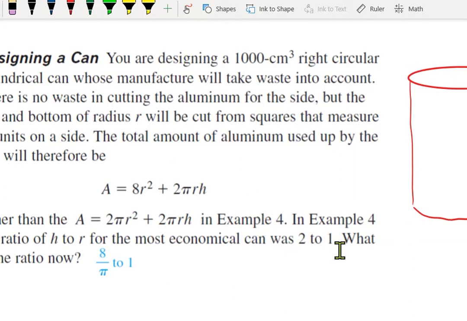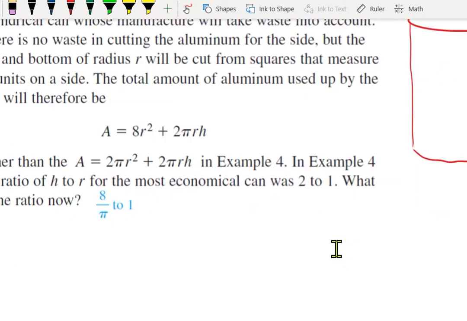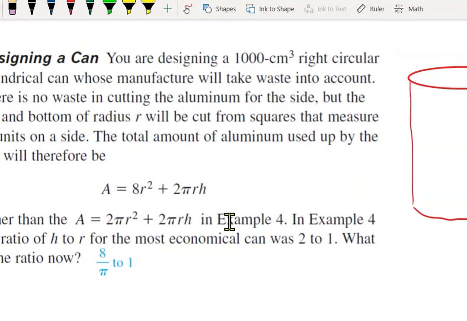Now, what kind of ratio should we have for H to R, and let's remind ourselves, H is this one, and R is this one, right? The ratio H to R in order to minimize the use of aluminum. That's why cans have a certain ratio. You know what I'm saying? You don't want it to be too skinny, you don't want it to be too fat, unless it's tuna. For some reason, tuna cans are fat.